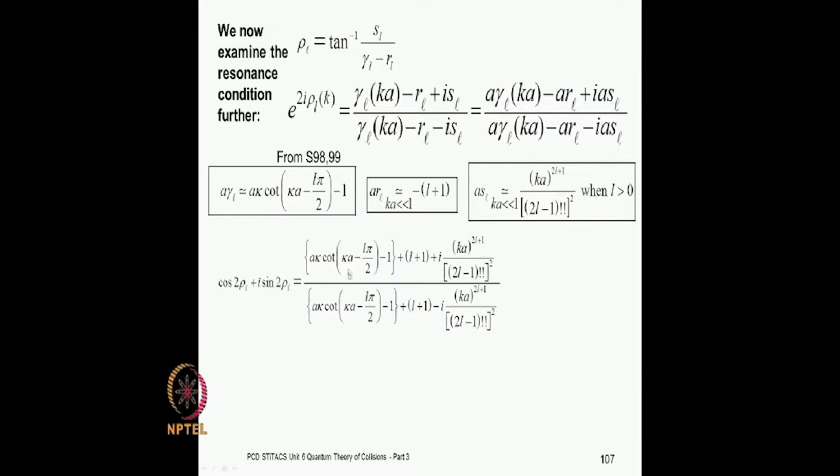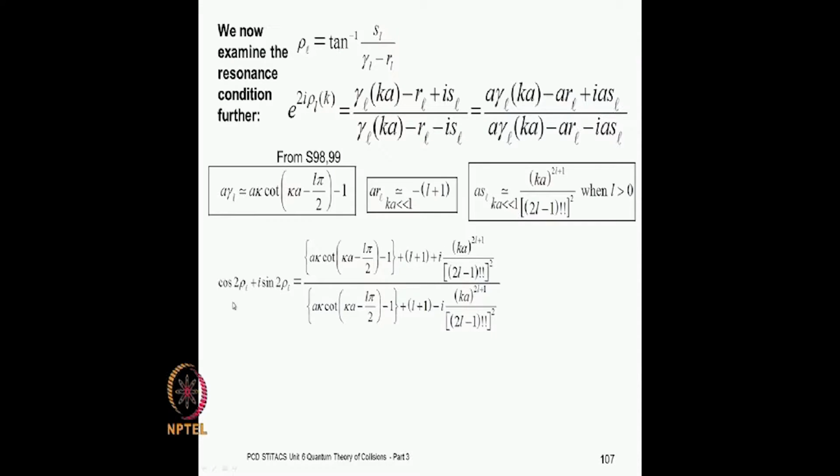And in terms of this, the remaining phase shift, which is e to the 2i rho, is now written in terms of these parameters, because we know what AR is. So AR is given over here, AS is given over here, this goes as Ka to the 2L plus 1, so this is i times AS, so that comes over here.